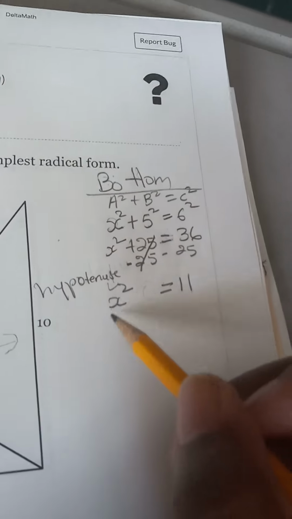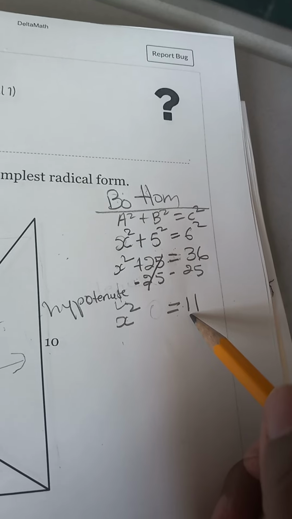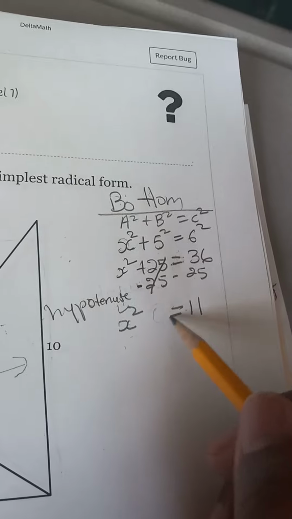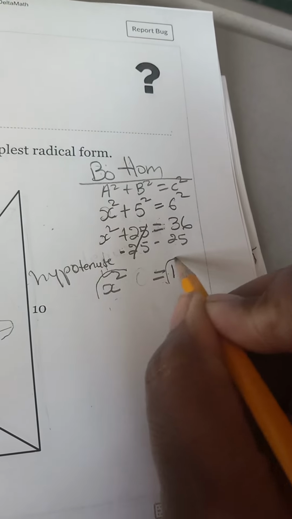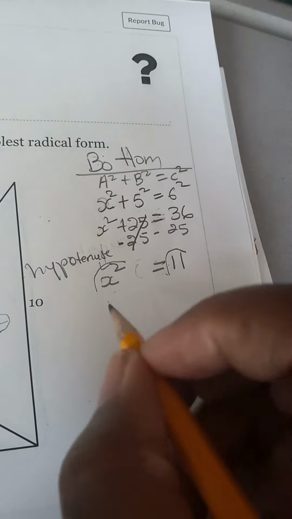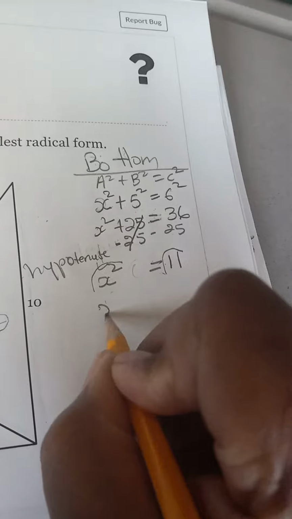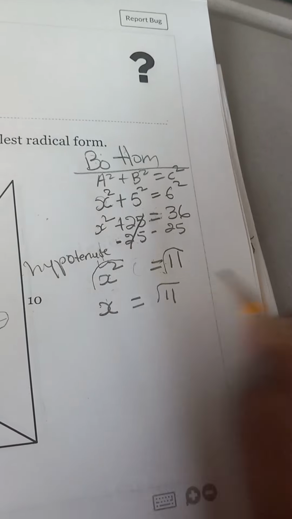Now I am back here. It says x squared is equal to 11, so we want x by itself. In order to get x by itself, we're going to square root both sides. I'm going to square root x squared and square root 11. When I square root x squared, the square cancels out, leaving me with x, and x is equal to radical 11.